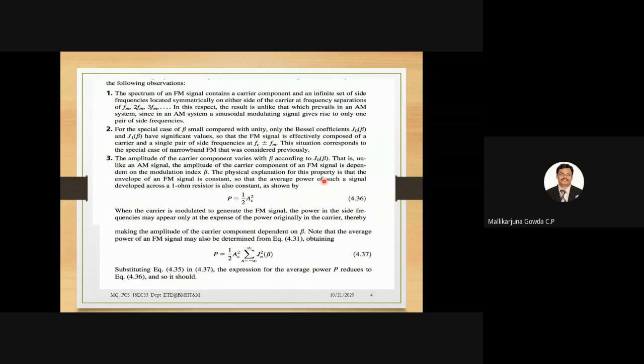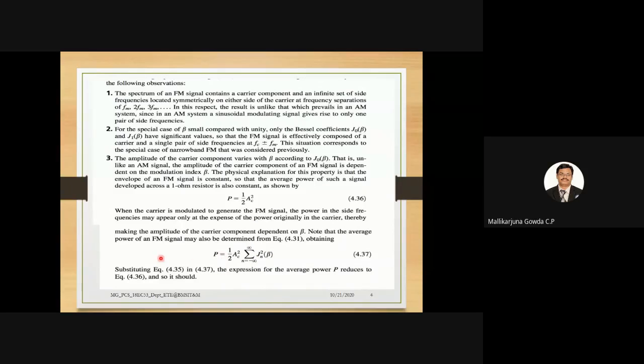Since the amplitude of the modulated signal is constant, the average power of such a modulated signal can be written as A square C by 2. So this is the same as the power of the carrier signal. The power of the frequency modulated signal is the same as the power of the unmodulated carrier signal. Here it is expressed in terms of the Bessel function.